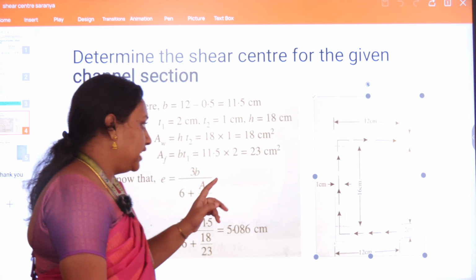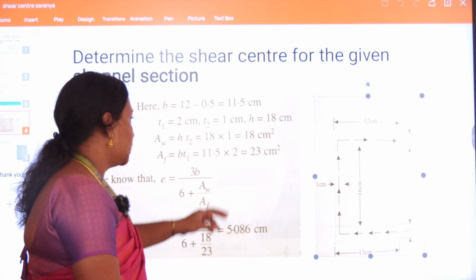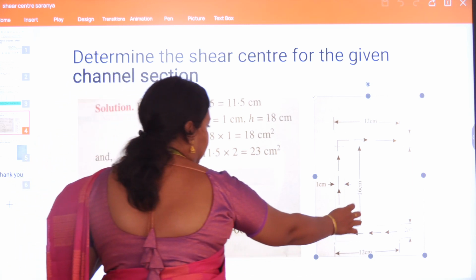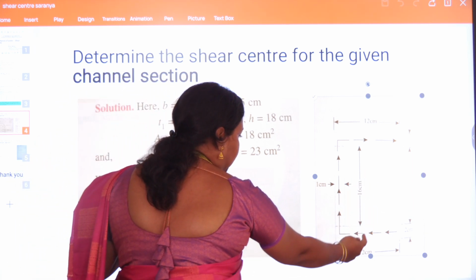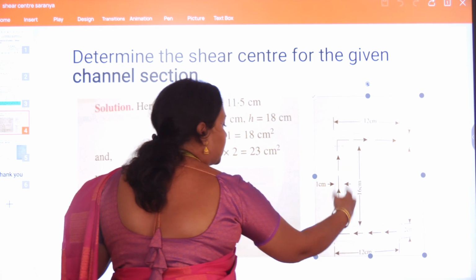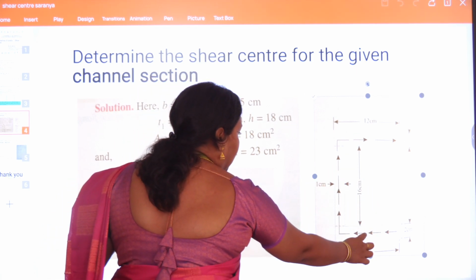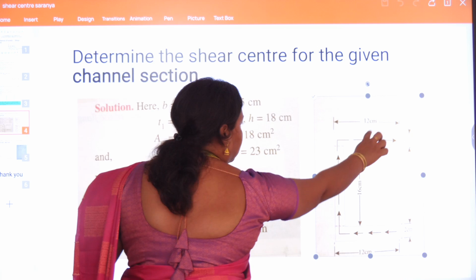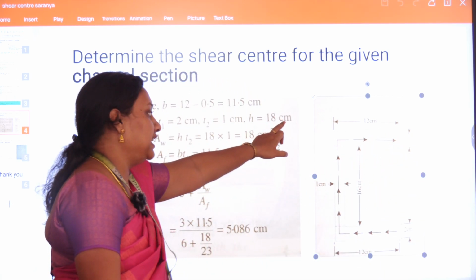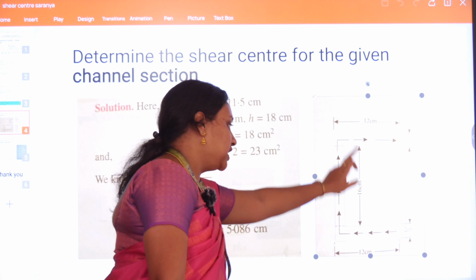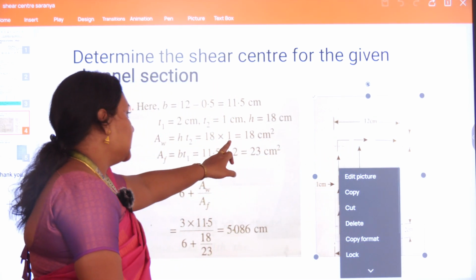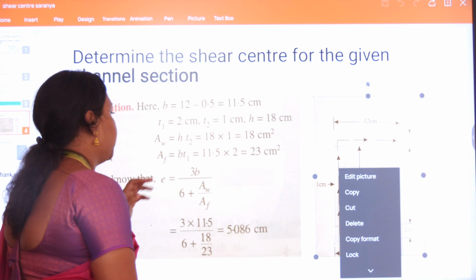Now coming to height, there is a small change. They have given 16 centimeter, but the height that we are going to consider is the center to center distance between the shear flows. That is 16 plus 2 divided by 2 plus 2 divided by 2, so 16 plus 1 here and 1 here. So totally 18 centimeter is the height of the web portion.